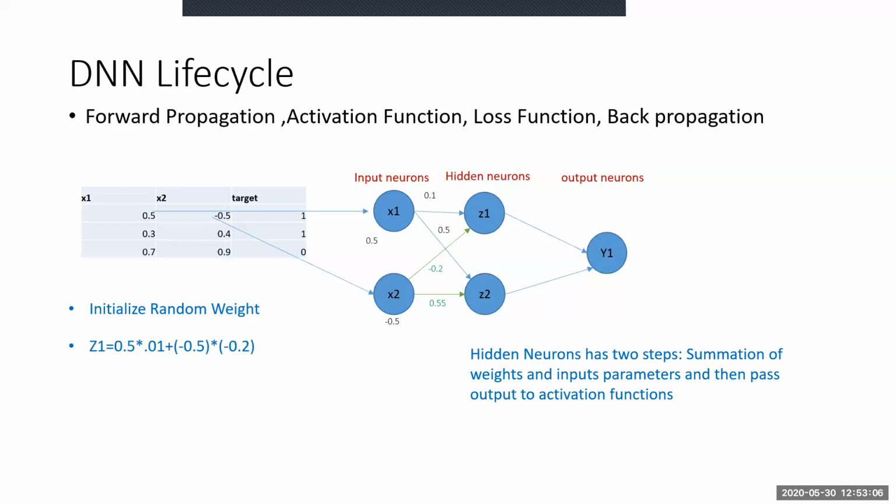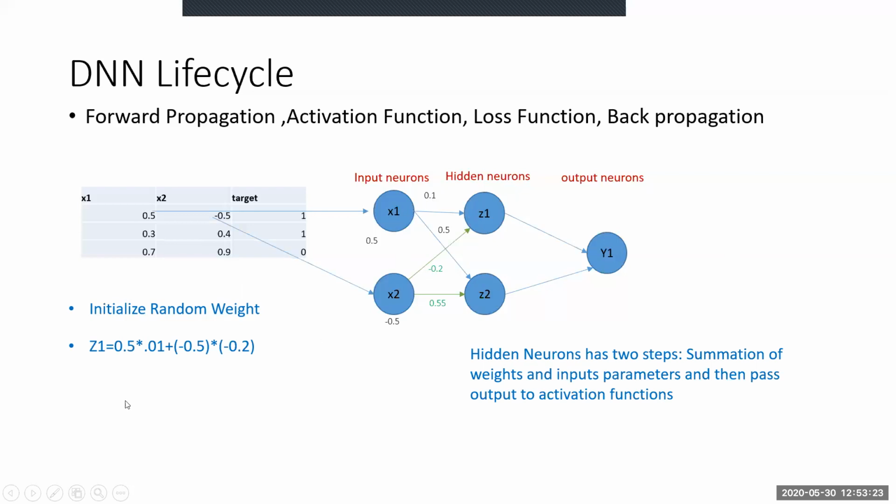So what is the value of z1? z1 would be computed from all the incoming arrows coming into it. So x1 into 0.1, the weight of x1 to z1, and then x2 into 0.2.